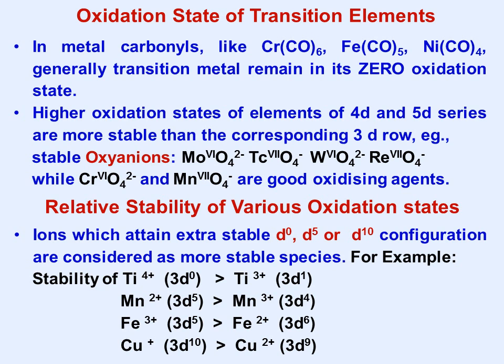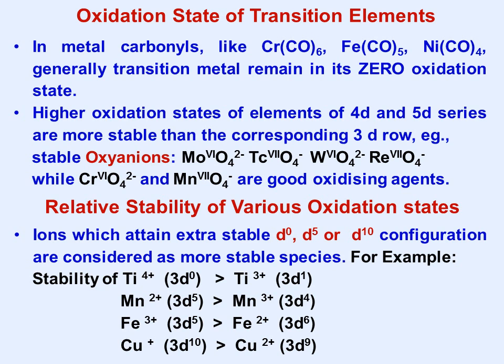If we talk about the relative stability of various oxidation states in the transition series, we find that to attain an extra stable electronic configuration, that is d0, d5 or d10, elements may undergo easy transformations, or their respective d0, d5 or d10 electronic configuration becomes extra stable in comparison to their other oxidation states.